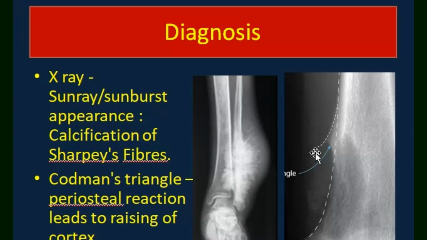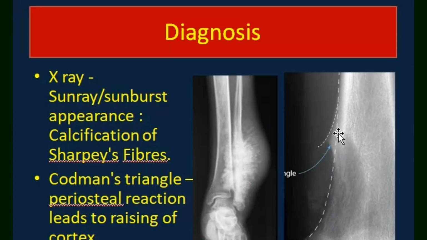Then the second characteristic appearance is a Codman's triangle. This Codman's triangle is due to a periosteal reaction. So when there is a tumor underneath, the bone will try to grow around it to limit the spread of the tumor. This is called a periosteal reaction.